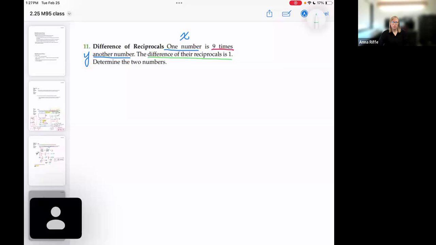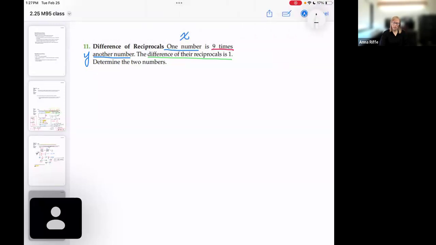Some people prefer to set up 2 equations and then put them together. Some people prefer to just set up 1 equation. I tend to lean towards 2 equations. So let's do it this way.